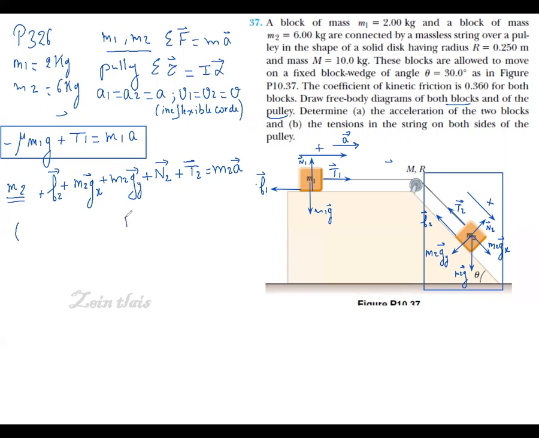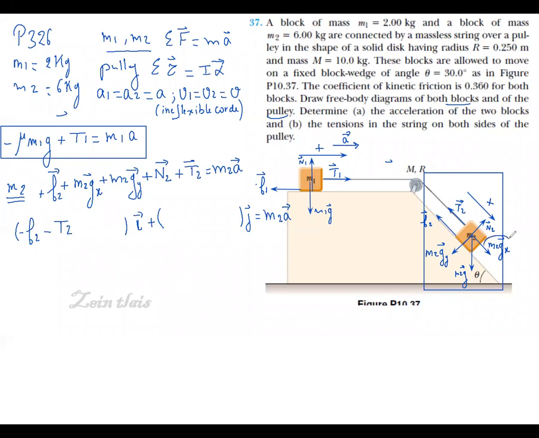Okay, now about the projection. You put i, j equals M2A. Okay, F2 is in the negative direction and T2 negative. So here we have minus F2 minus T2.